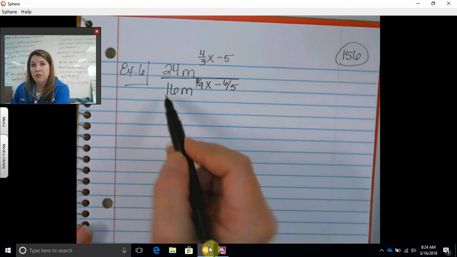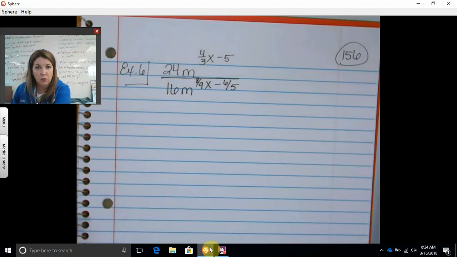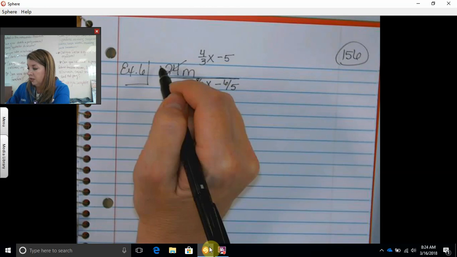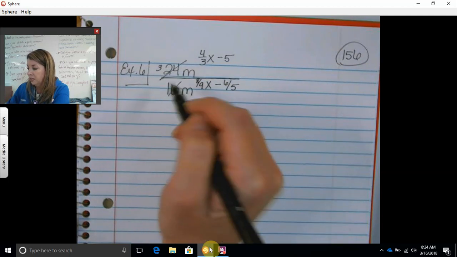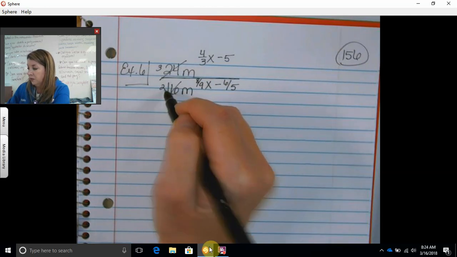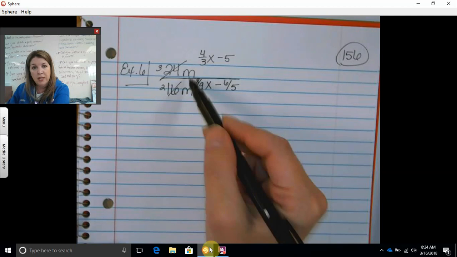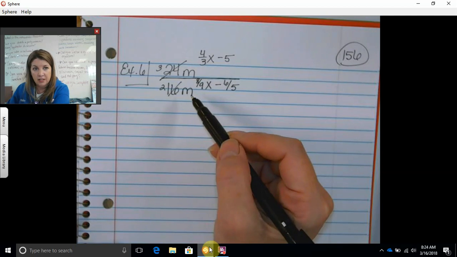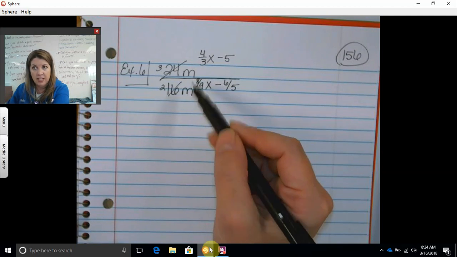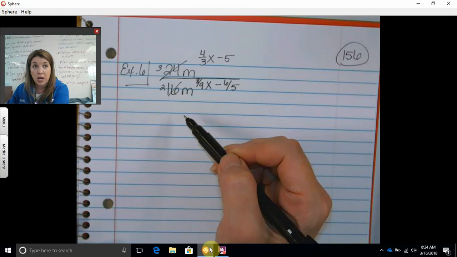Can I reduce 24/16? What goes into 24 and 16? Greatest number? 4. Is there one larger? 8. 8 goes into 24 three times and 8 goes into 16 twice. Now look, when we have m's, we have like bases and we're dividing. So the rule says keep the base and subtract the exponents.